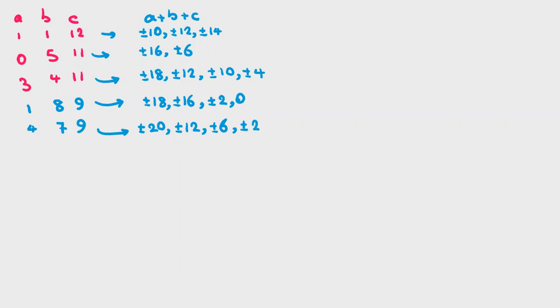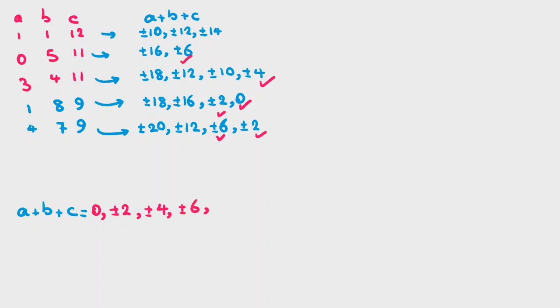So if I want to write all the answers and arrange them from smaller cases, let's check. We have 0, or let's write this, plus minus 2 that we have. After plus minus 2, we have plus minus 4. And also we have plus minus 6 here.